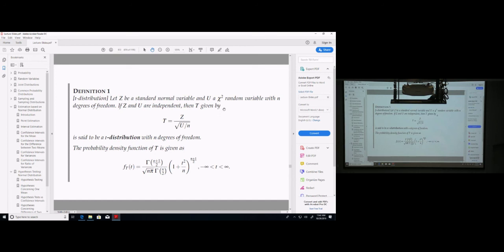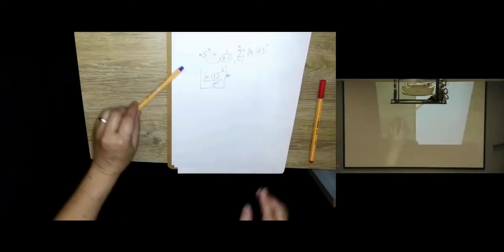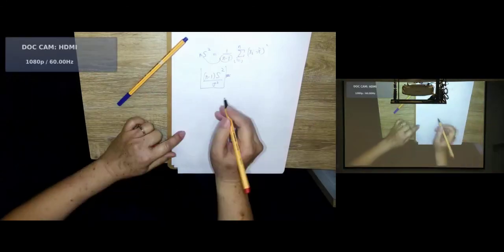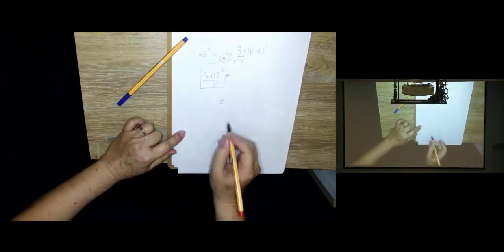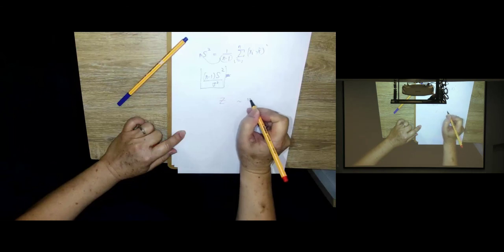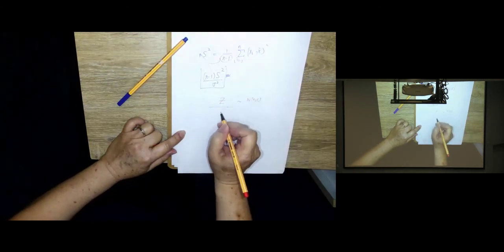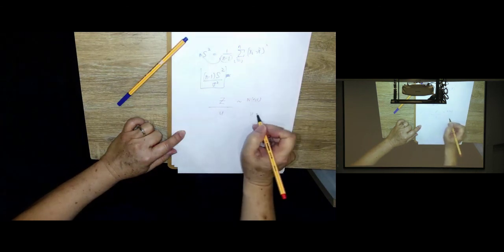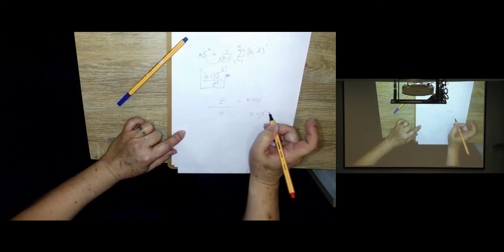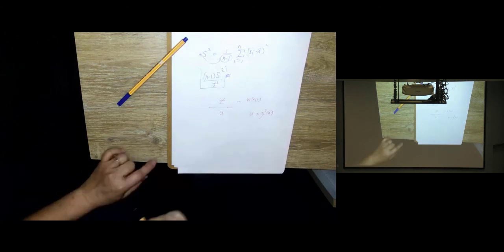Okay, basically what it says is, let me highlight the different components. So you have this, and this is a normal distribution, standard normal. And then this is a U. U is a chi-square of degree of freedom n.